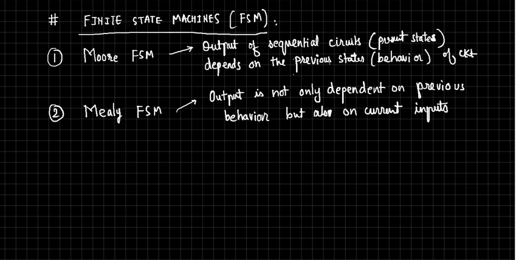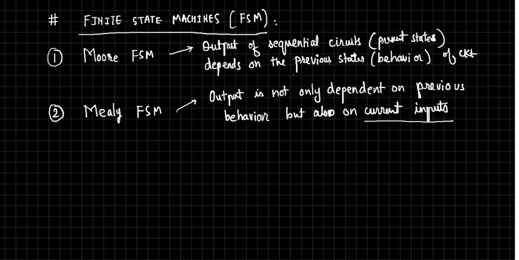So that means this Mealy FSM can change the output irrespective of whether the clock appears or not, isn't it? Because when the clock appears, the state changes. But as this is dependent not only on the previous behavior but also on the current inputs, if the input changes, the output may change, irrespective of the clock. It may happen that we didn't provide any clock, but the input changes, hence the output may change.